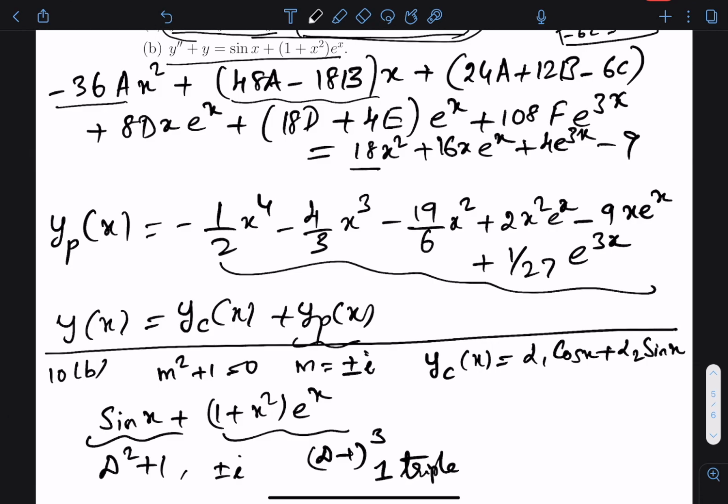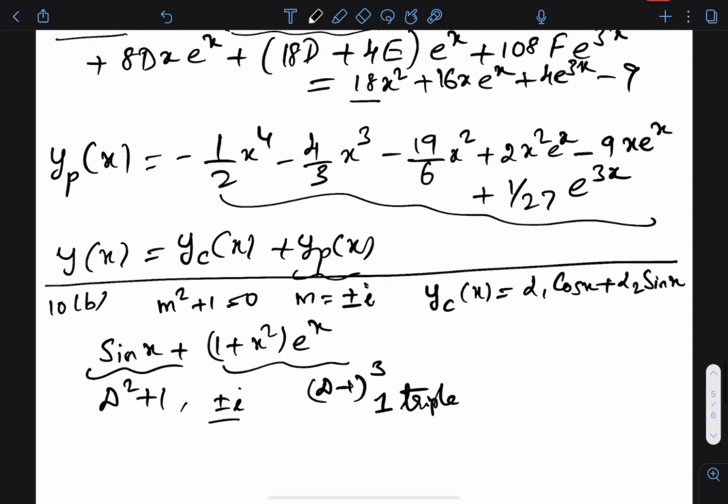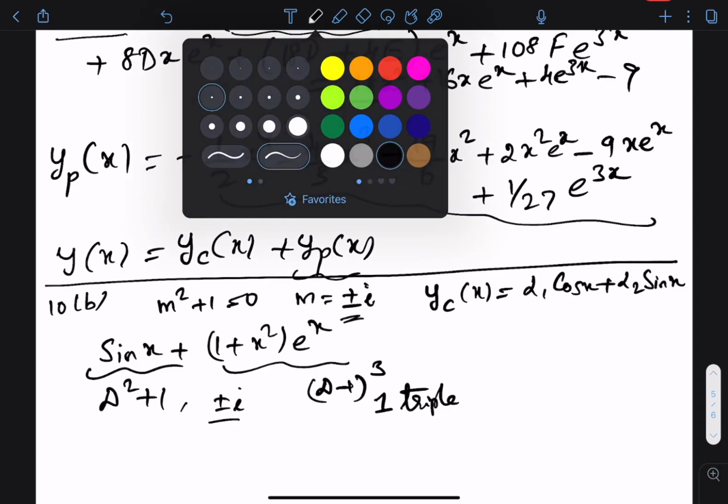Okay, so 1 being a triple root is fine, but this root is getting repeated. This root is repeated with this root that is already appearing here. So it's a repeated root.